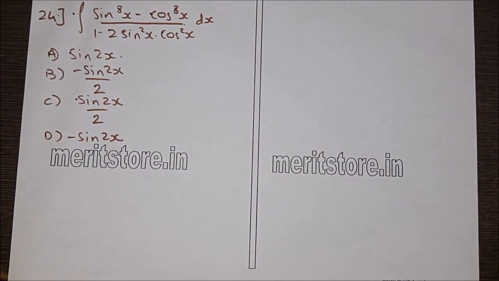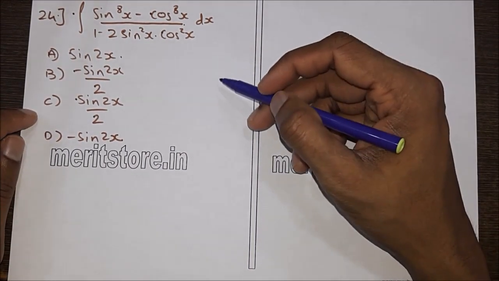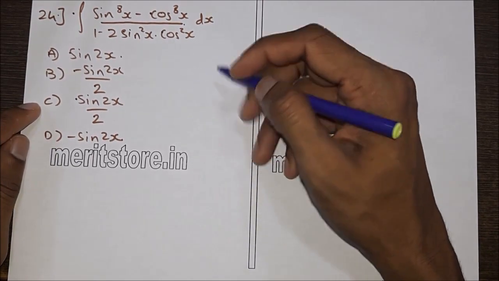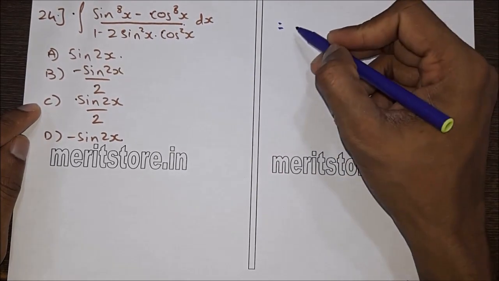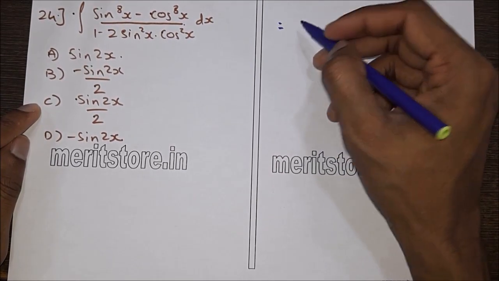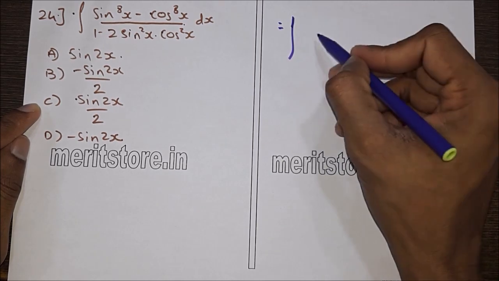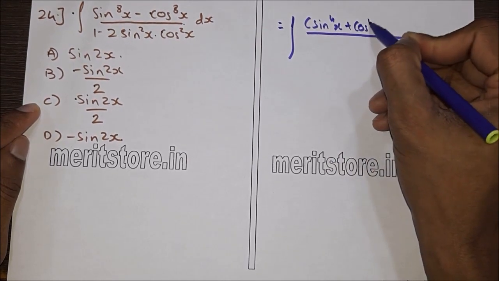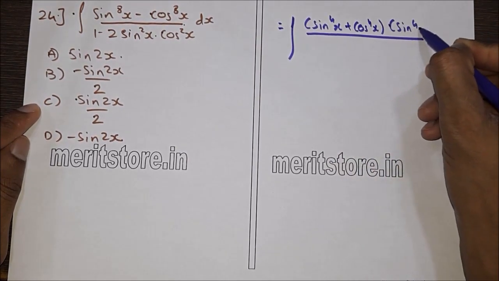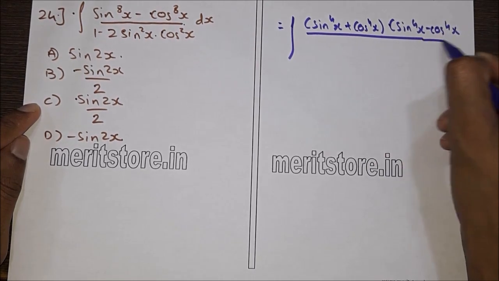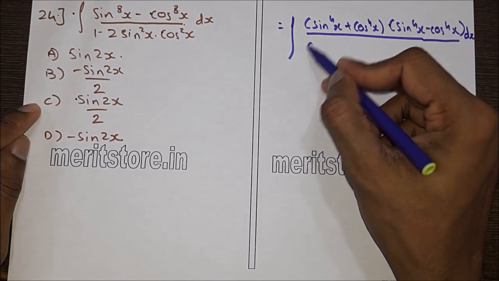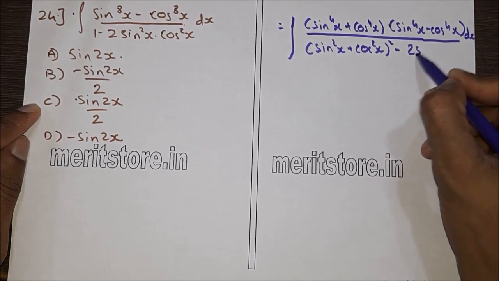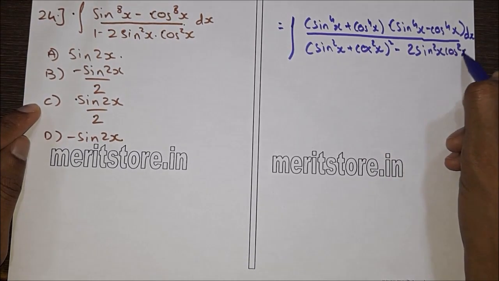Question 24. Integral sin raised to 8 x minus cos raised to 8 x upon 1 minus 2 sin square x into cos square x dx equal to, we have given 4 options. Make a fine adjustment in the numerator and denominator. We can write that integral sin raised to 4 x plus cos raised to 4 x into sin raised to 4 x minus cos raised to 4 x dx upon sin square x plus cos square x the whole square minus 2 sin square x cos square x.